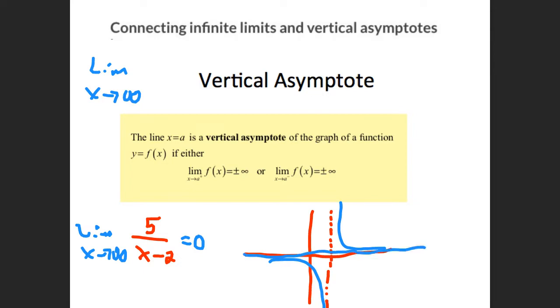So now, if I asked you what is the limit as x approaches 2 from the right, and what is the limit as x approaches 2 from the left, what would you say? Let's go with the first one. The limit as x approaches 2 from the right-hand side. Positive infinity. What is the limit as x approaches 2 from the left-hand side?